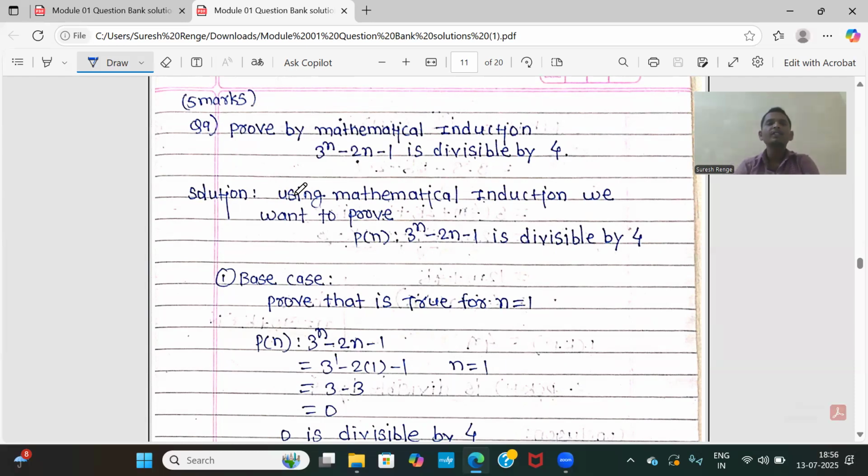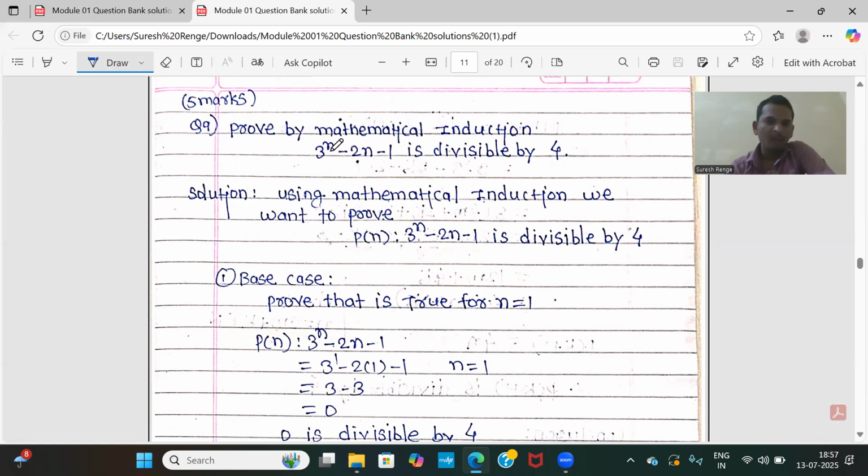Prove by mathematical induction that 3 power n minus 2n minus 1 is divisible by 4. We want to prove that 3 raised to power n minus 2n minus 1 is divisible by 4.